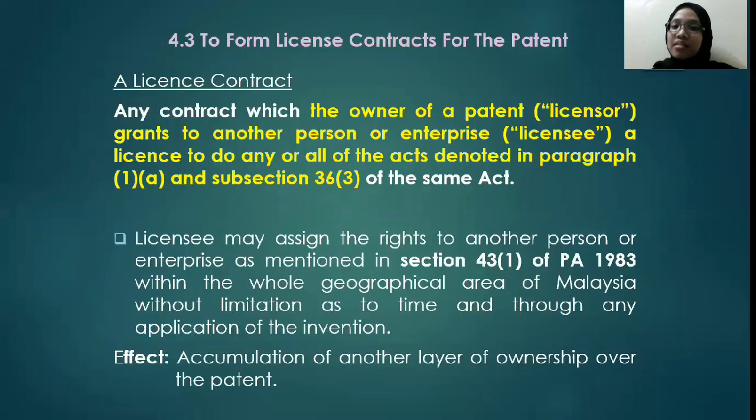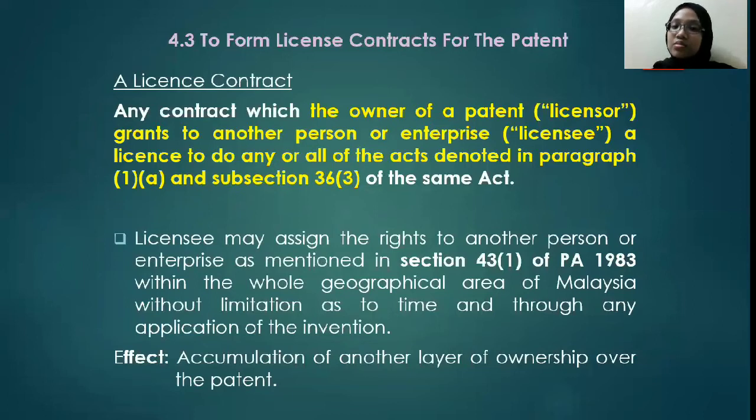Licensee may assign the rights to another person or enterprise as mentioned in Section 43(1) of the Patent Act 1983, within the whole geographical area of Malaysia without limitation as to time and through any application of the invention. However, there is an implication of this.